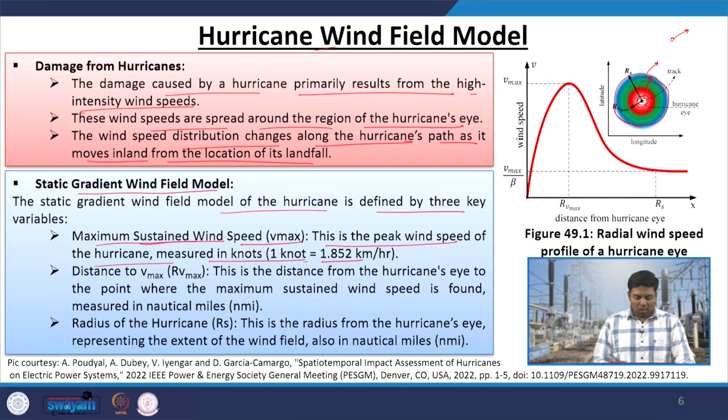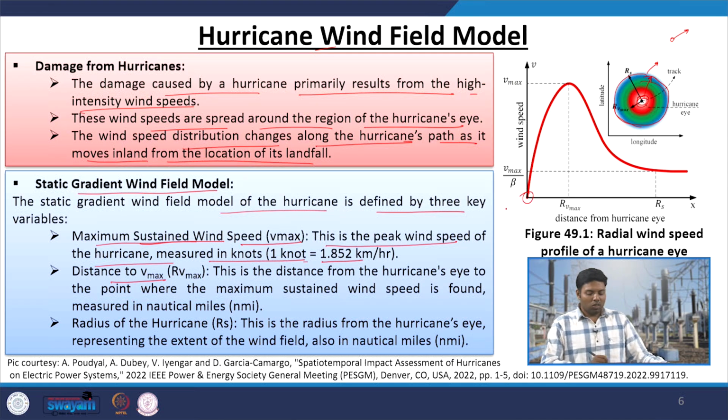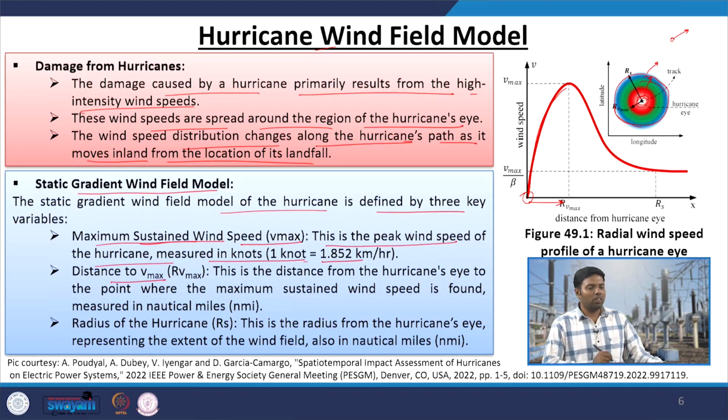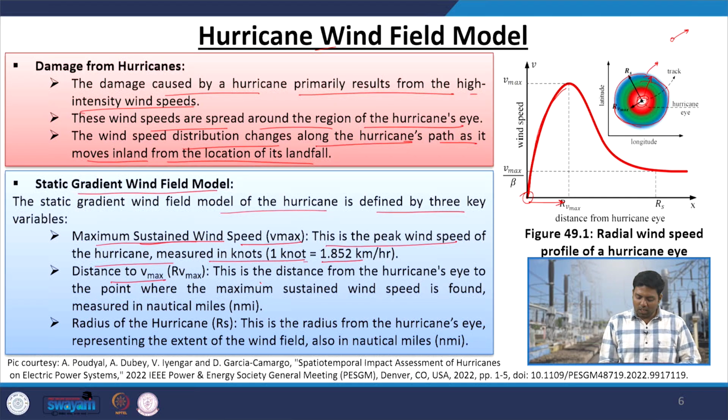So, distance to Vmax. Let us say this is the starting point, this is your eye. What is the distance to where you will get the maximum speed? This is the distance from the hurricane's eye to the point where the maximum sustained wind speed is found.